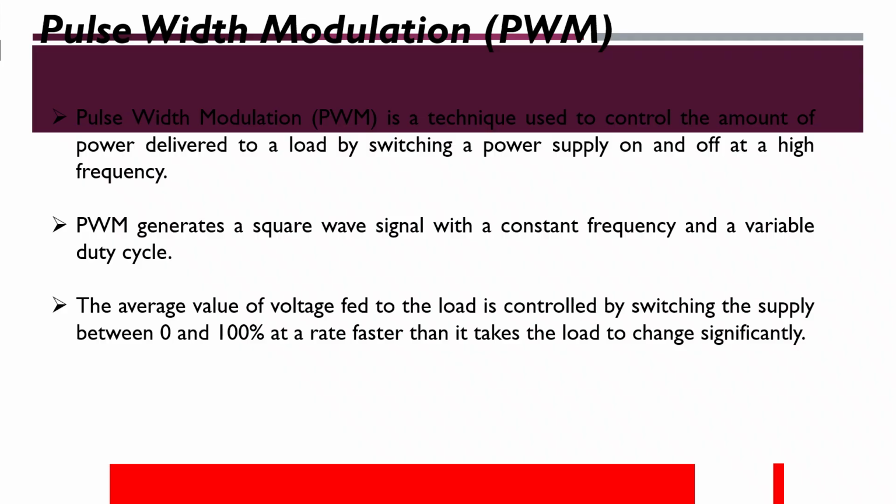The definition of pulse width modulation is the process of varying the duty cycle of a square wave to control the power supplied to electronic devices. It is nothing but the process of varying the duty cycle, that is on to off or off to on, of a square wave to control the power supplied to electronic devices.